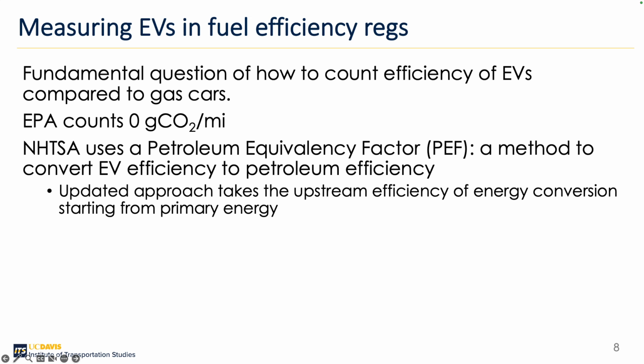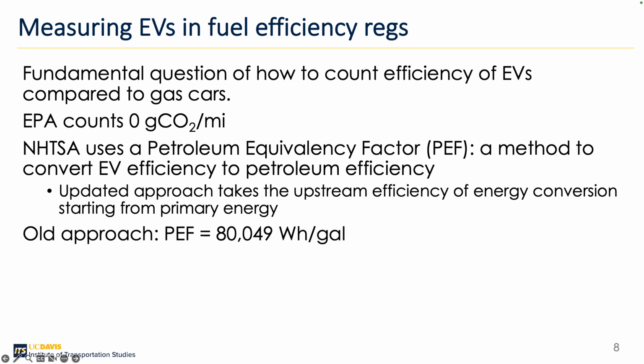More recently, they took an updated approach in order to think about the efficiency of energy conversion when we start from primary energy. Primary energy, for those who don't know, is the form of energy in its rawest form that we're extracting from nature. The old approach used this 80,049 watt hours per gallon.